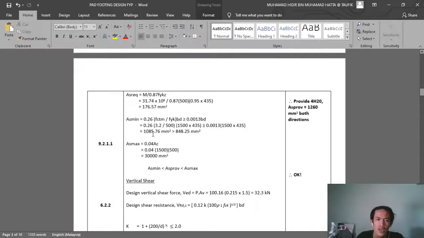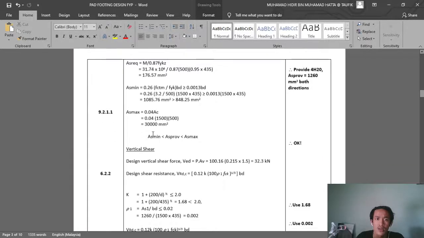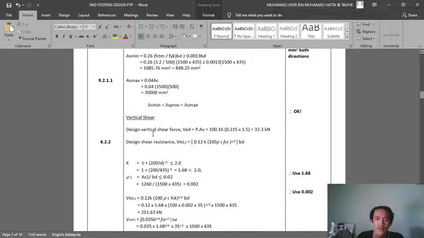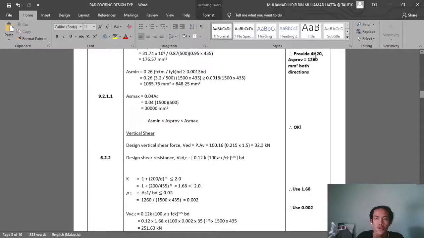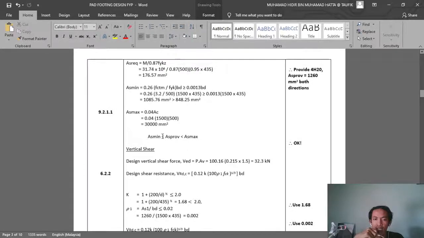Then we calculate the S min, S max. So for the S required, we provide 4H20. Okay, so the S provided is between S min and S max.